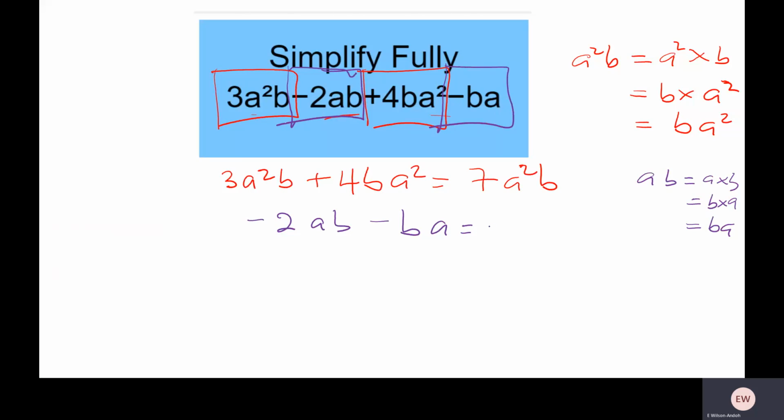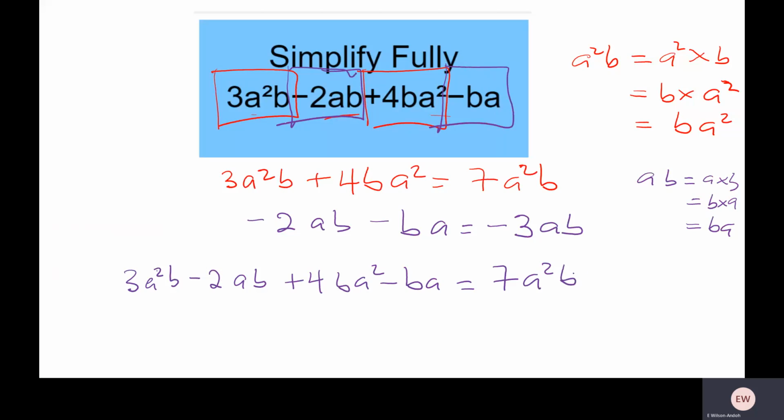And this will give us minus 3ab. So the answer to the question above is going to be 3a squared b minus 2ab plus 4ba squared minus ba is equal to 7a squared b minus 3ab. So that is the answer. We have simplified the expression by collecting like terms.